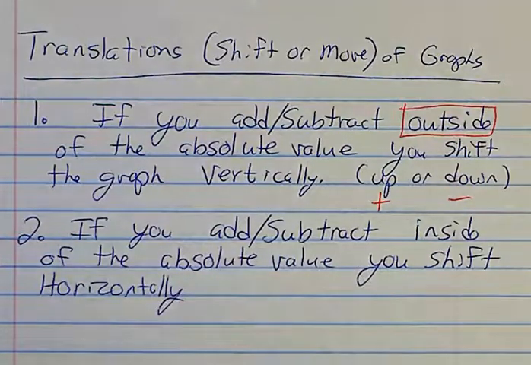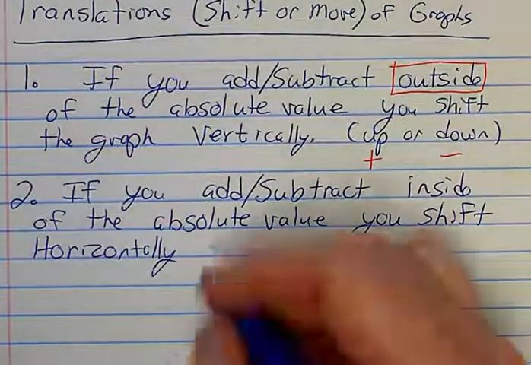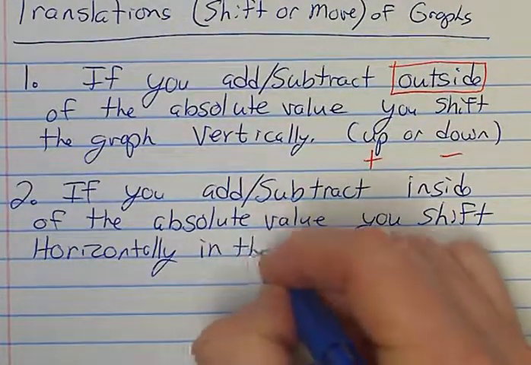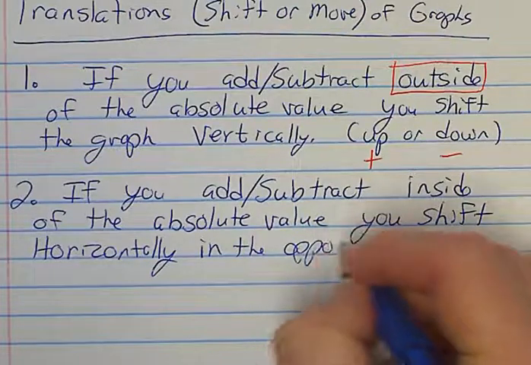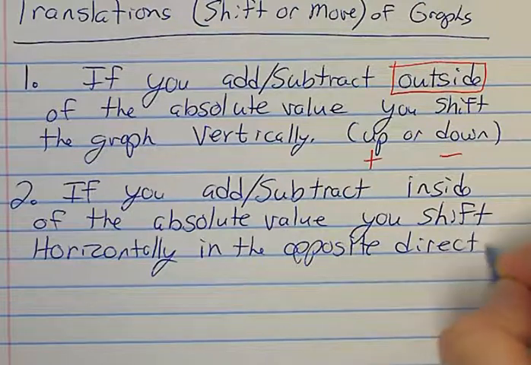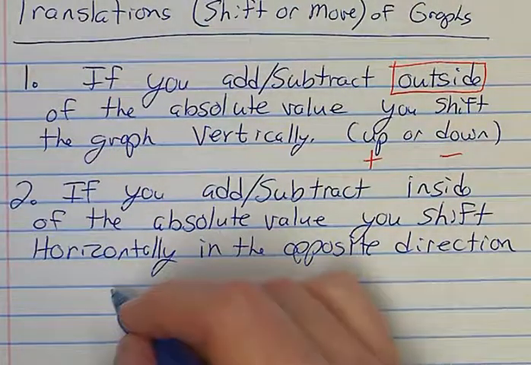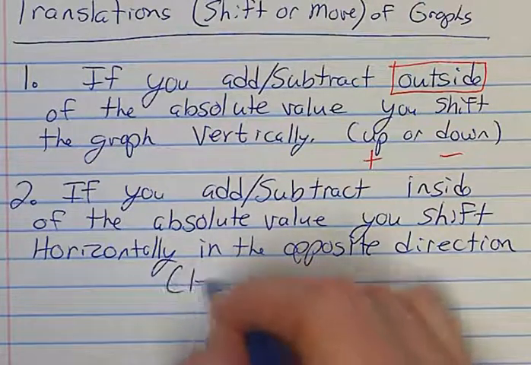Now here's the one catch to that one. When you do shift it horizontally, it's going to be in the opposite direction. Again, if we're talking about horizontally, that means you're going left or right.